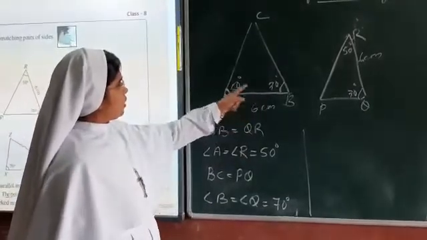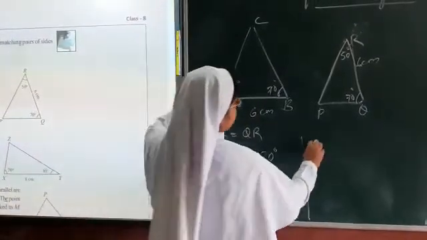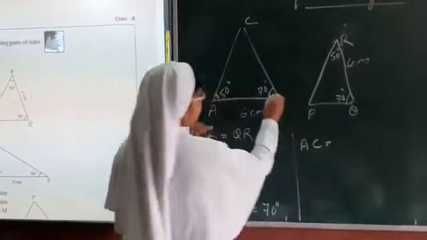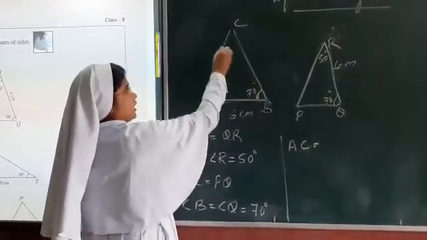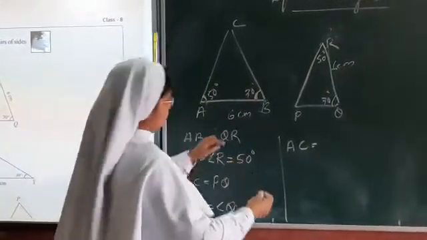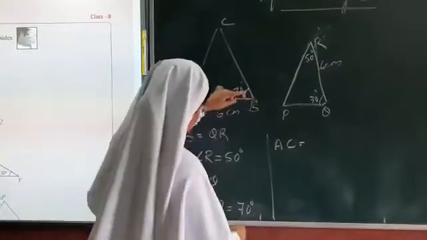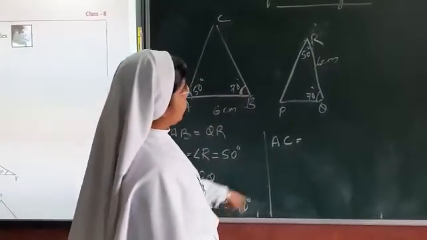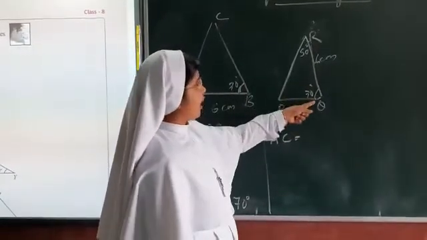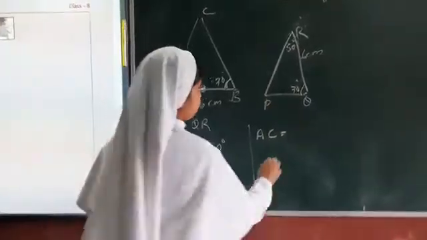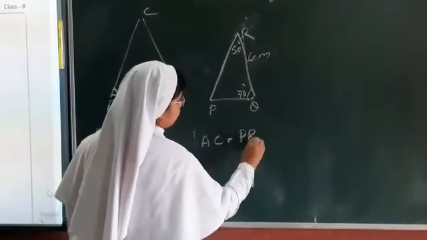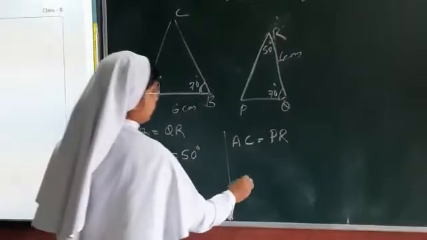Angle B, the opposite side is AC. Now here we said angle B is equal to angle Q. What is the opposite side of angle Q? PR. So we have found the matching sides.